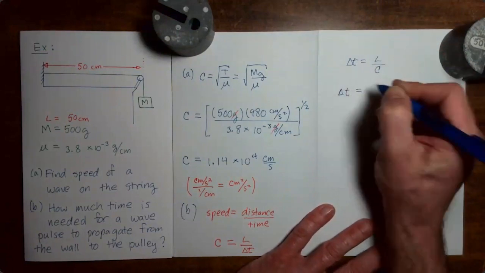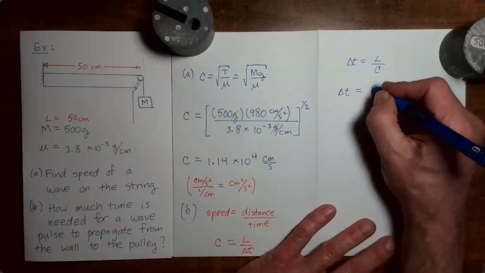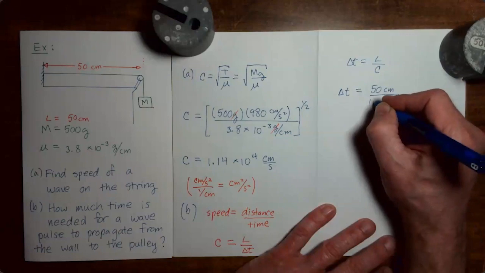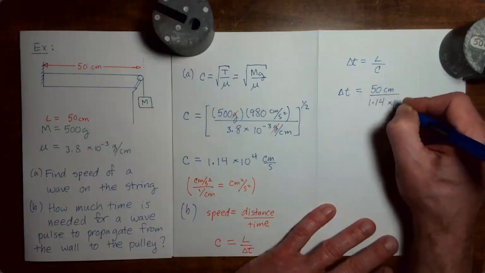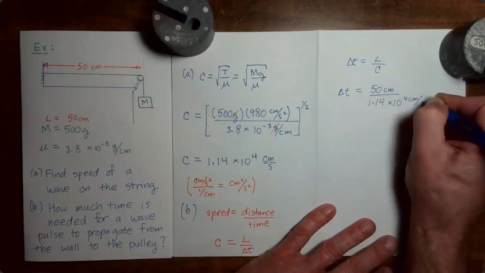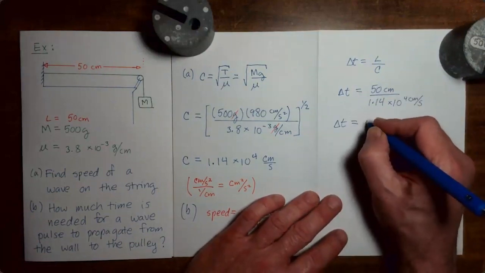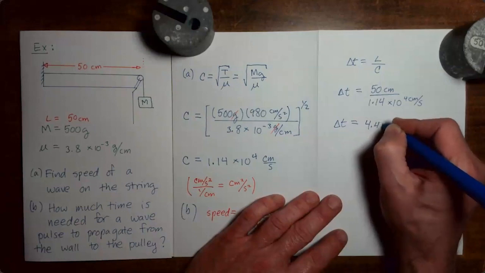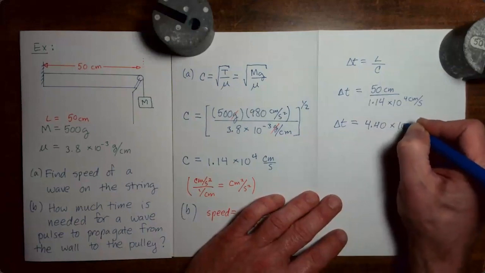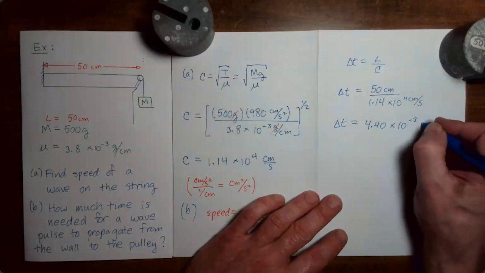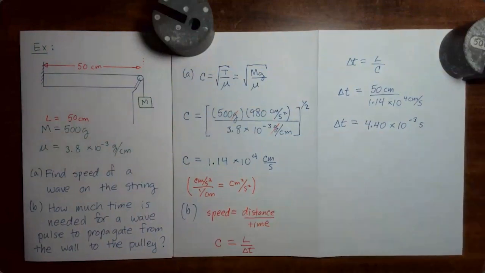So substituting, L would be 50 centimeters. c would be 1.14 times 10 to the 4 centimeters per second. Putting this into my calculator, I get 4.40 times 10 to the minus 3. And I will leave it as an exercise to calculate that the unit turns out to be seconds.